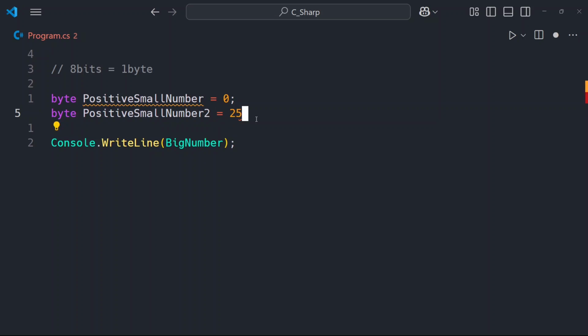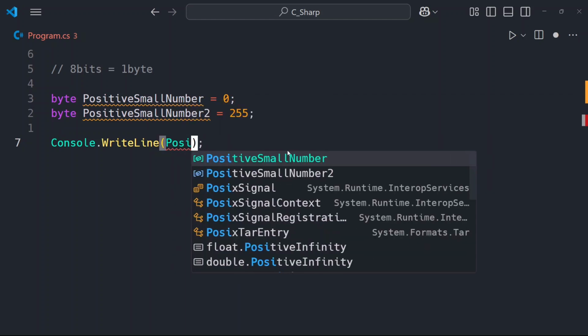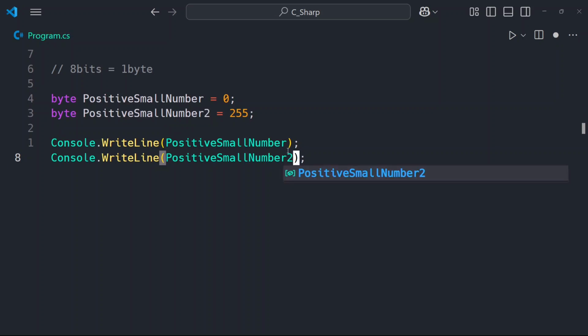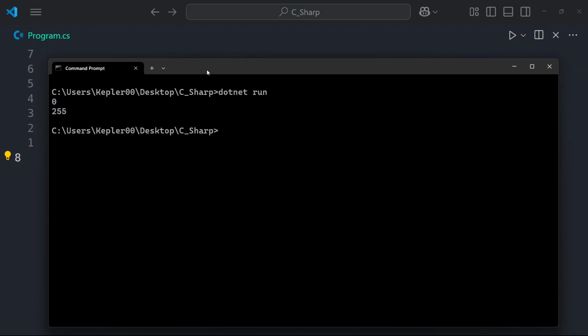And we can say all the way to 255. And these are both valid. So let's say dotnet run, and let's see, in this case 0 and 255, it compiles without any problem.